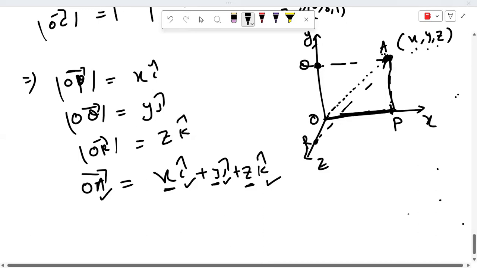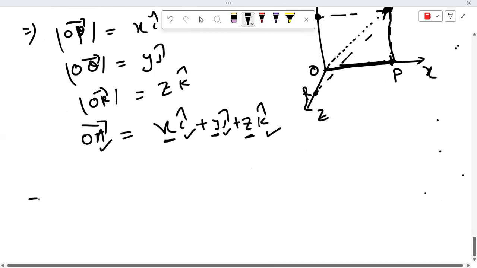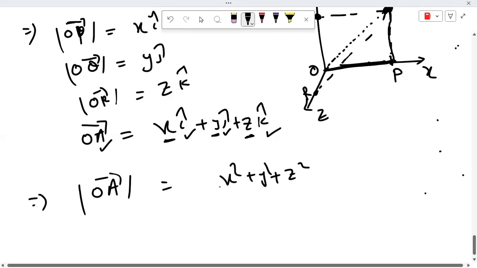That means if you have to find OA magnitude, then we can just square it and take root using Pythagoras.